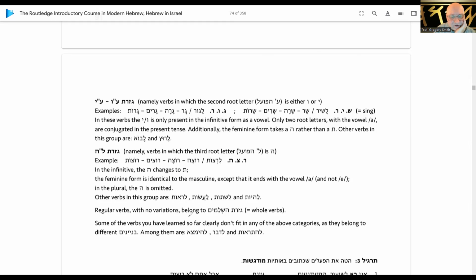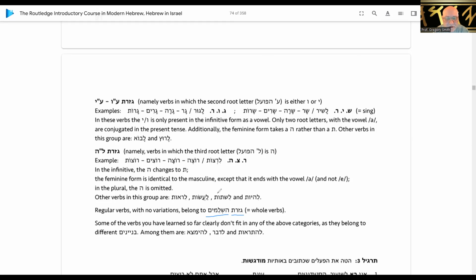Okay, so basically other verbs in this group are these here. Regular verbs with no variations belong to gizrat hashlemim. So that's whole verbs. Gizrat hashlemim. גזרת השלמים.